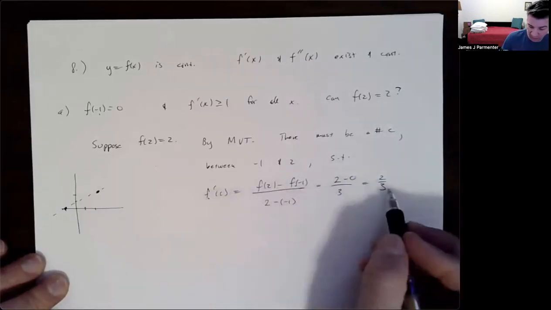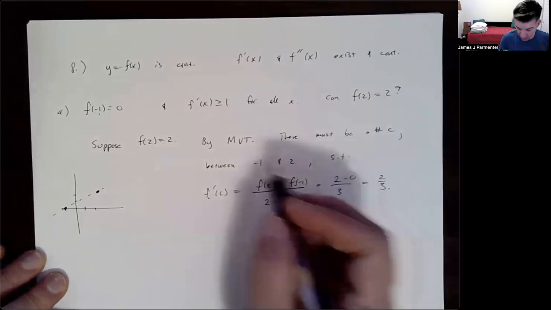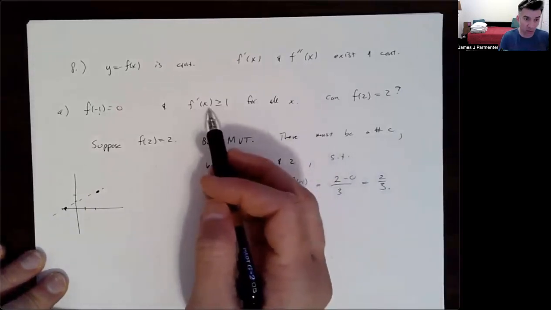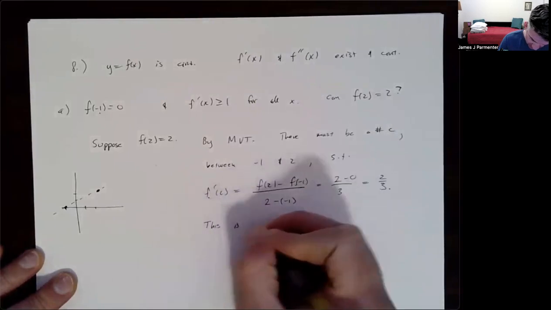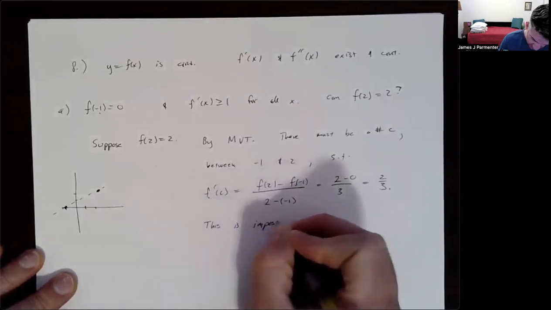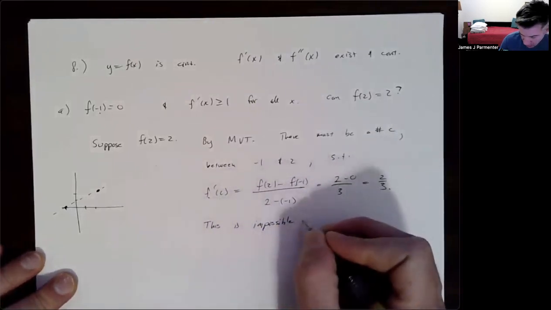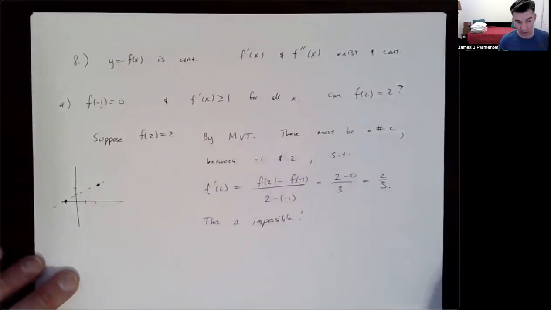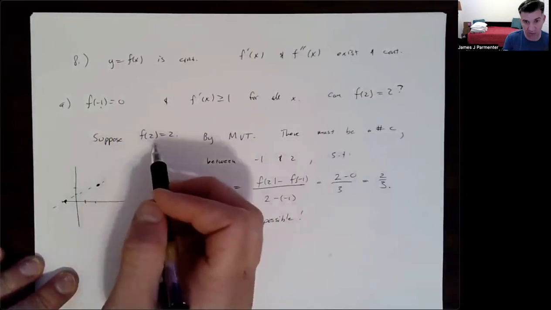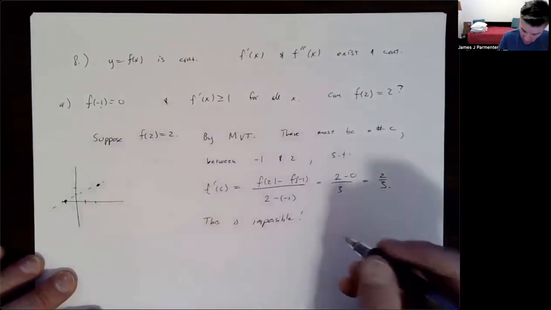Can f prime of c equal 2/3? No, not under the assumption that f prime of x is always greater than or equal to 1. This is impossible. Since everything we did was logically valid from the very beginning, it must follow that our original assumption that f of 2 is equal to 2 is not possible.